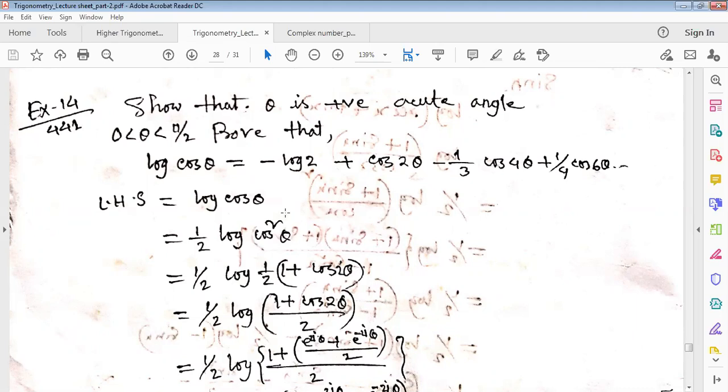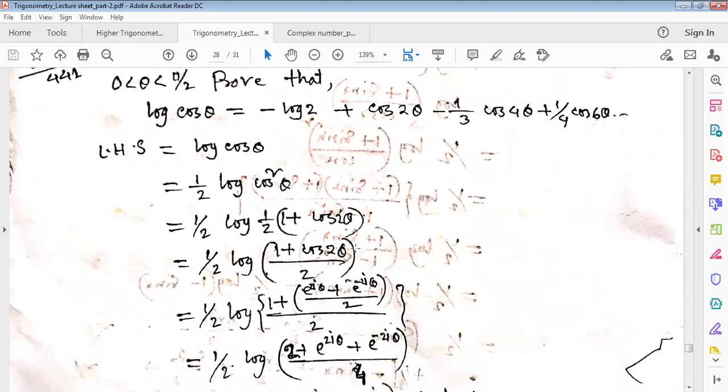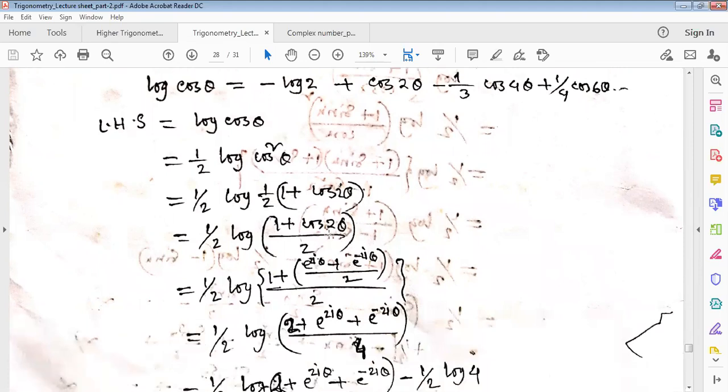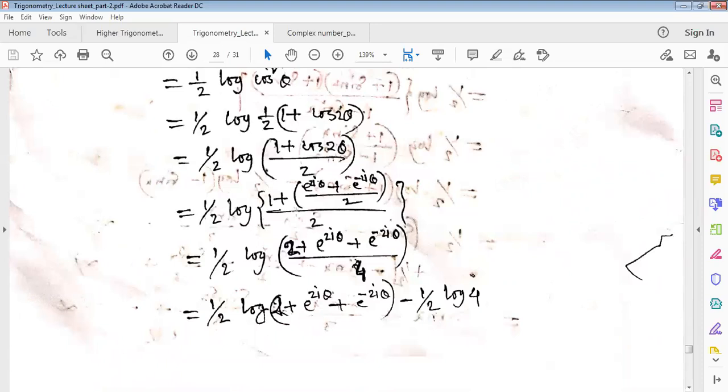But 2 cos square theta can be written as 1 plus cos twice theta, from the trigonometry formula. So 1 plus cos twice theta divided by 2. Now cos twice theta can be written in exponential form: e to the power 2i theta plus e to the power minus 2i theta, divided by 2, divided by 2. Now taking LCM on the numerator, then 2 plus e to the power twice i theta plus e to the power minus twice i theta. Try it at home. Maybe a printing mistake.